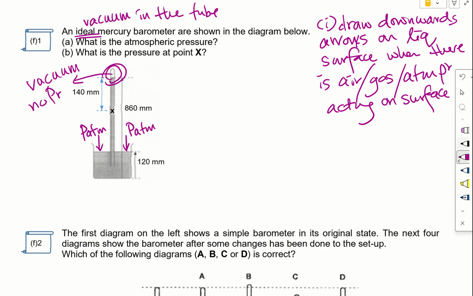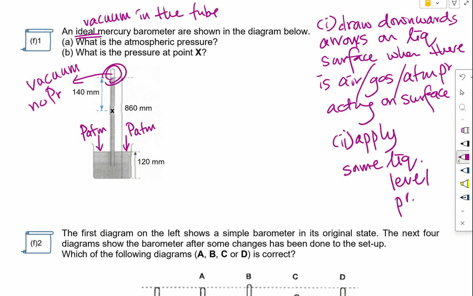Okay, step 2 that you need to do is apply this concept called same liquid, same level, same pressure. Now we need to see where we have the same liquid, same level, and same pressure.